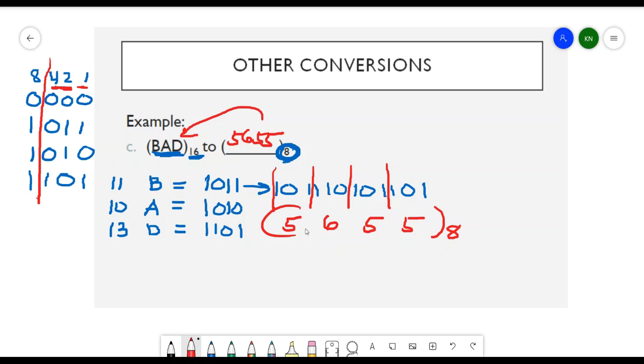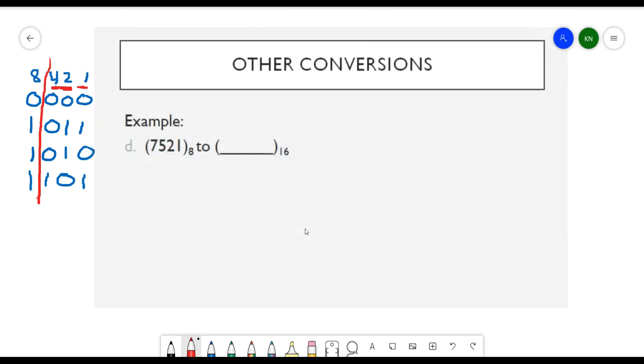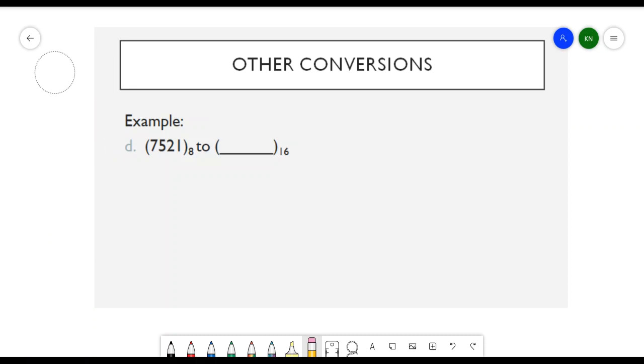Okay, next example we have from octal. This is the reverse, from octal to hexadecimal. So we have here 7521 in octal, and we need to convert that to hexadecimal. Since this is the original octal, we need to use 3 bits. So here we have 1, 2, and 4.